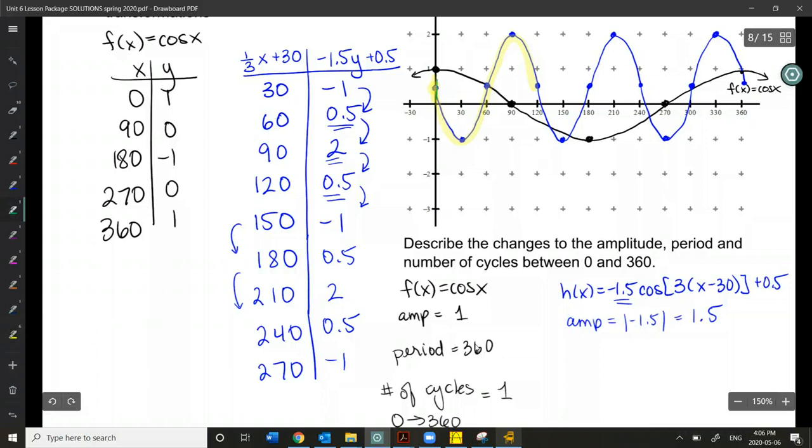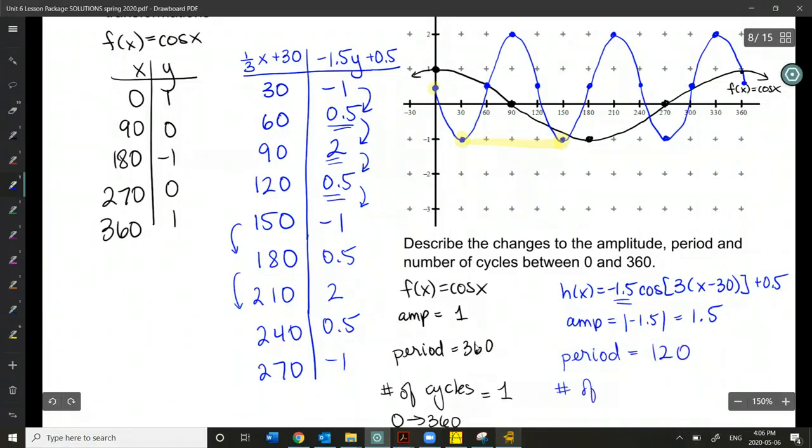That is the horizontal length, or displacement, of one full cycle. You can also measure it from min to min or max to max. So if you measured it from, let's say, 30 to 150, the number of units between that is 120. So that's our period. We can also find this by doing 360 over the k value.